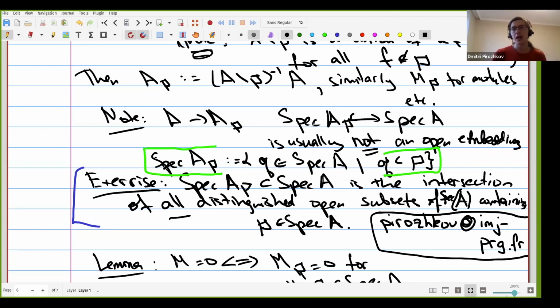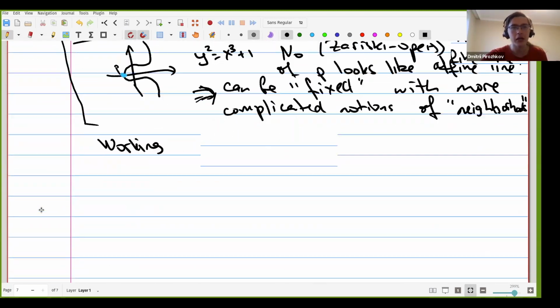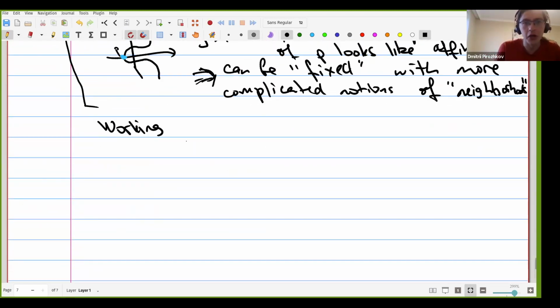But at least you can think of this as some kind of very small pseudo neighborhood of the point P. Sometimes you can actually work at points, not just near points.